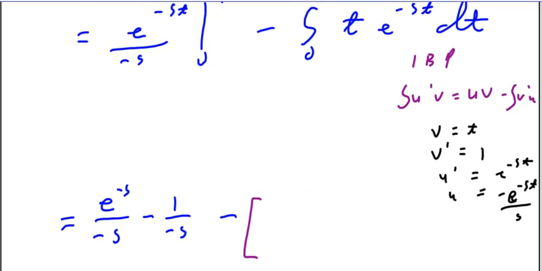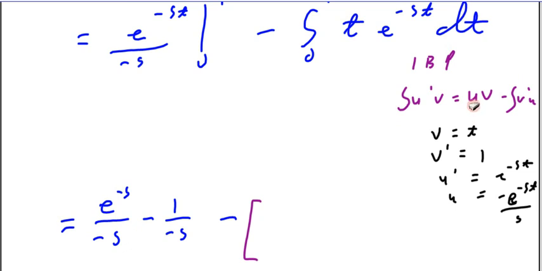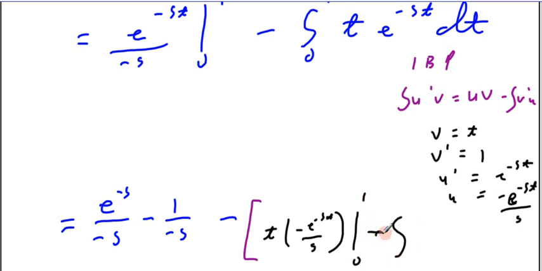Back to what we're doing. So I want uv, so that'd be t times minus e to the minus st over s, evaluated at 0 and 1, minus the integral from 0 to 1 of v prime, which is 1, times u, which is minus e to the minus st over s.